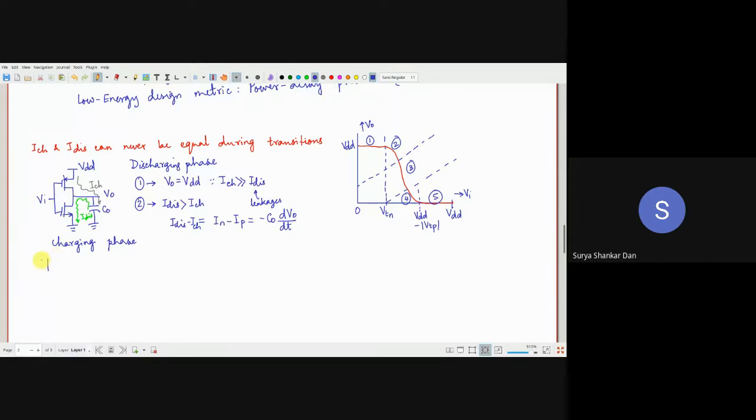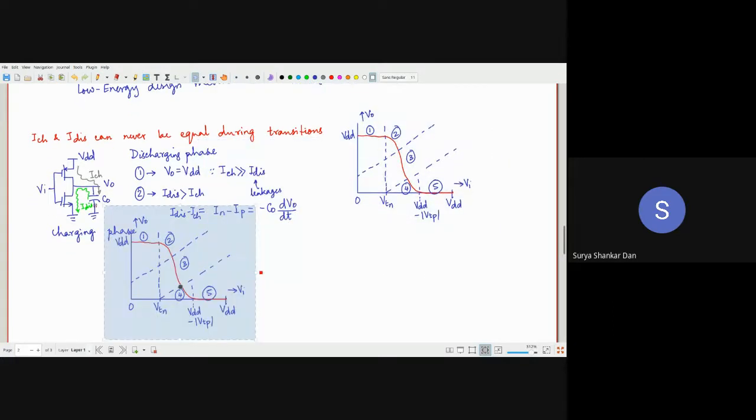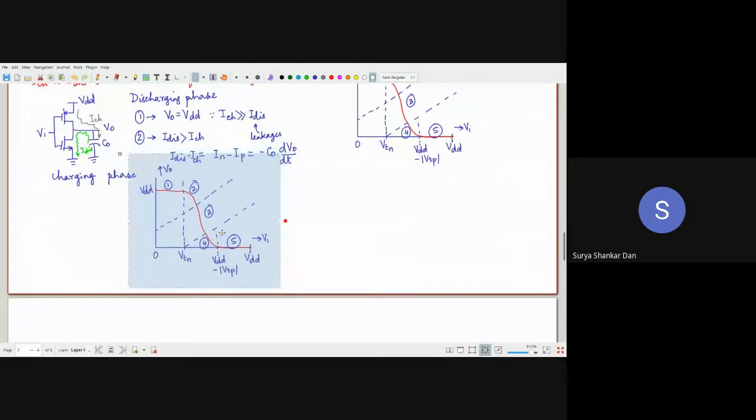चार्जिंग फेज के लिए हम लोग क्या कैसे ड्रॉ करेंगे? It's just the reverse, basically. So just copy this. Okay, and then it will be somewhat like that. Okay, so now what is the scenario?